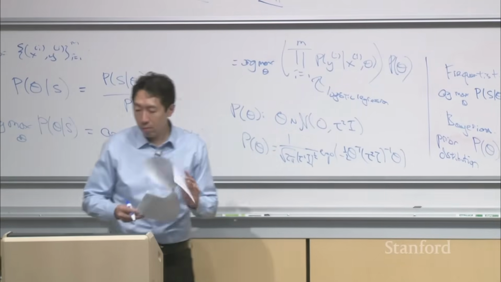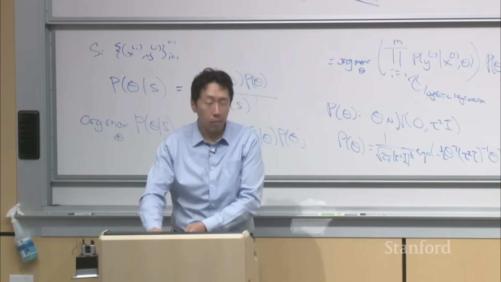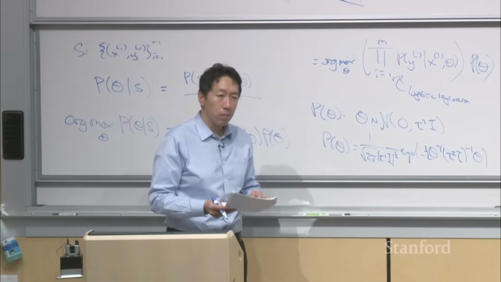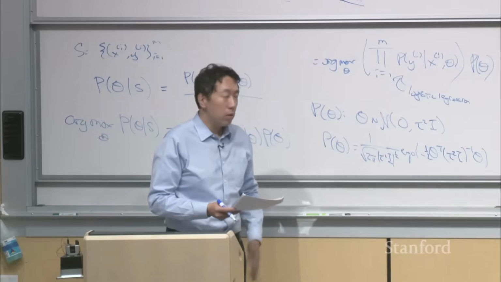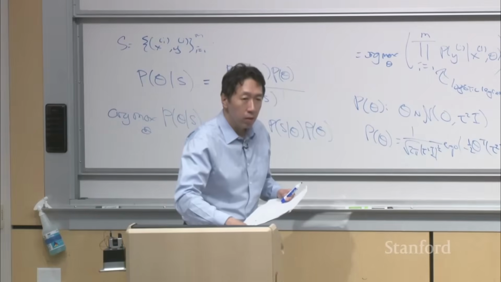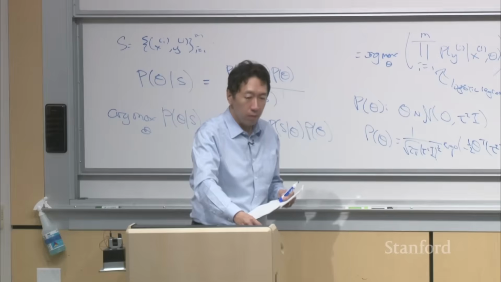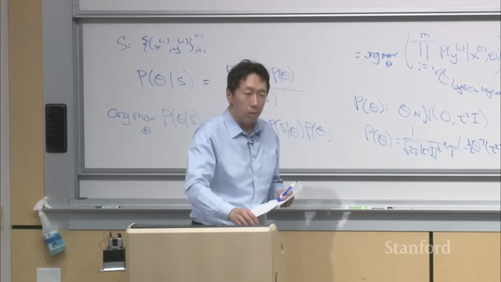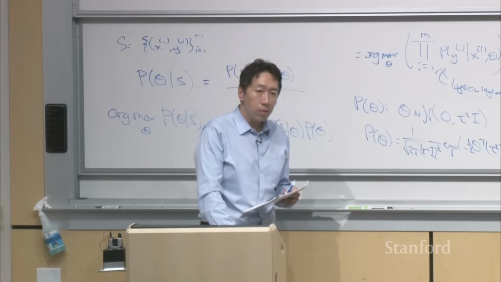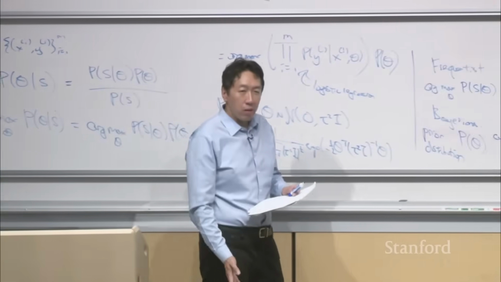Yeah, question? So, these two optimization problems only differ by multiplying by P of theta. You can also see the difference between these two as the difference between regularizing and not regularizing.